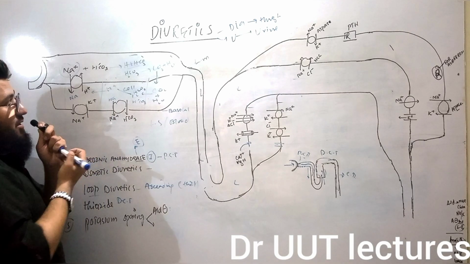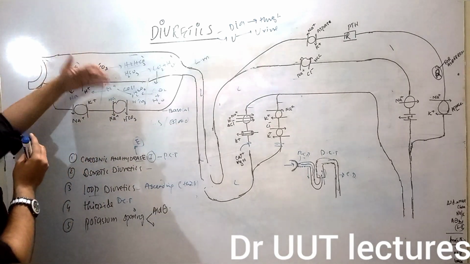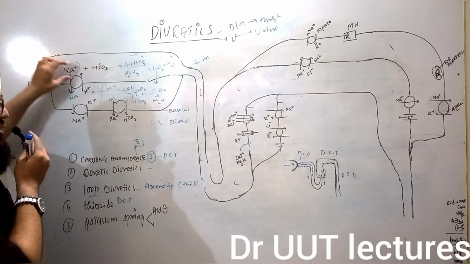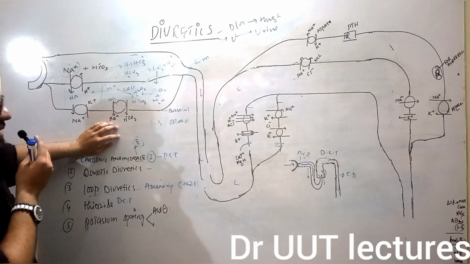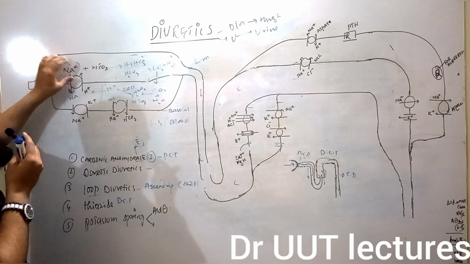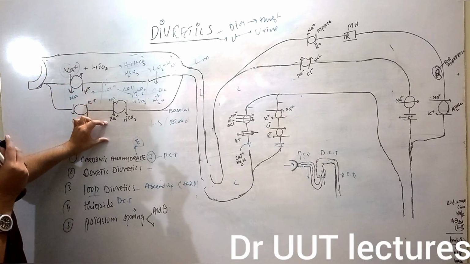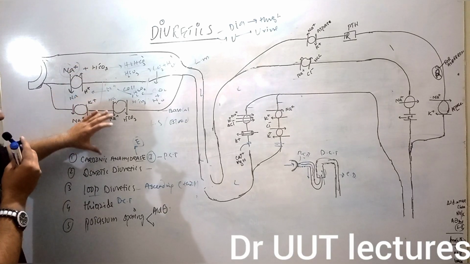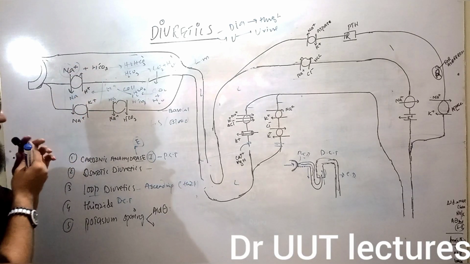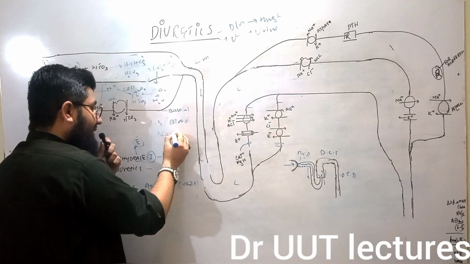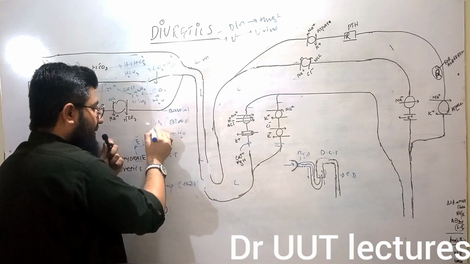So this is how sodium is moving: sodium moved into the cells, then from the cells into the interstitium. And you know that very well, the way sodium is moving, it is always followed by water.